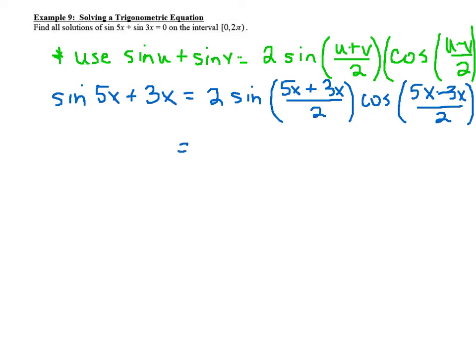So in order to simplify from here, you get 2 times the sine. Oh, and actually this is all equal to 0.